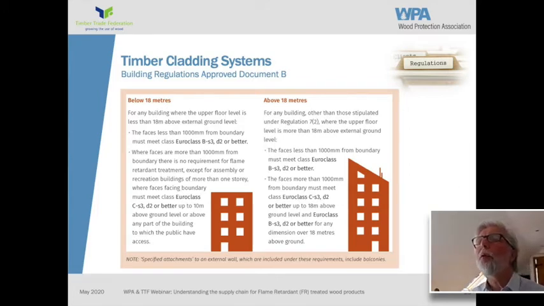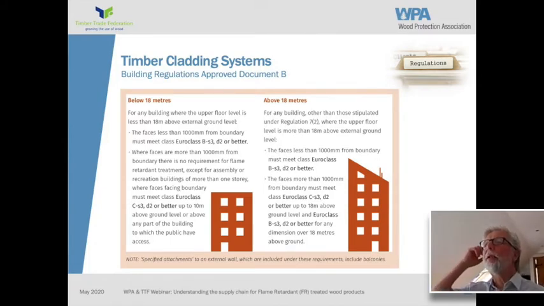For those buildings that are not classed as relevant buildings, so everything else, below 18 meters, the requirements of building regs have not really changed. So faces of the building less than a meter from the boundary, Euroclass B, and then for public access buildings, Euroclass C is required further away than a meter from the boundary.